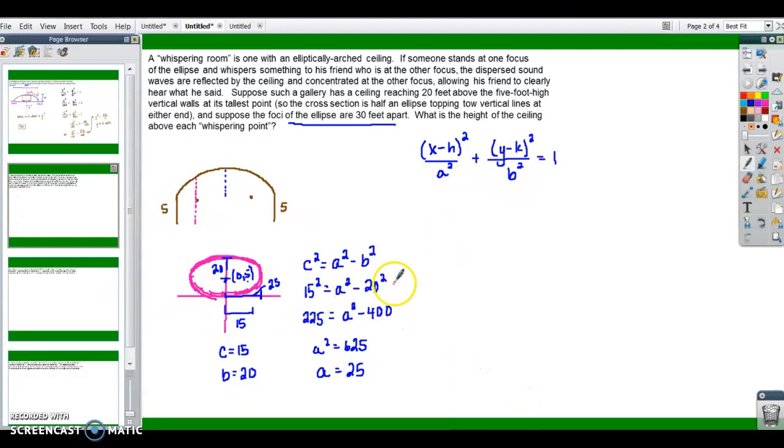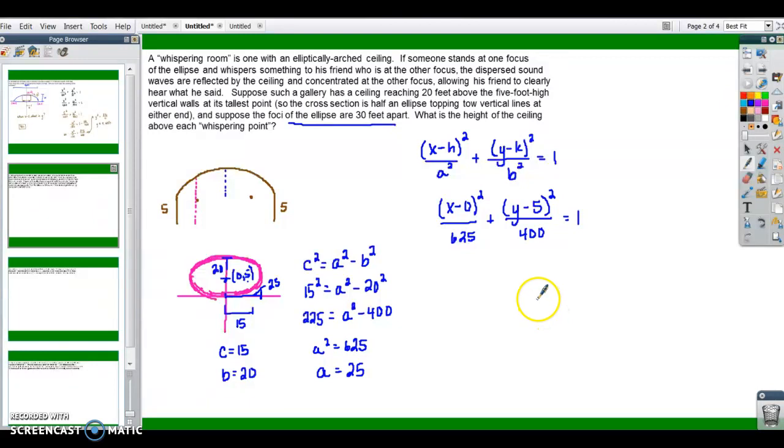So my center is at 0, 5. So I have (x minus 0) squared over a squared, which is 625, and I have (y minus 5) squared over 400 is equal to 1. That is the equation of the ellipse.